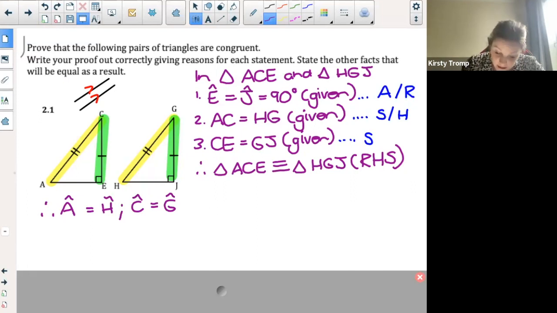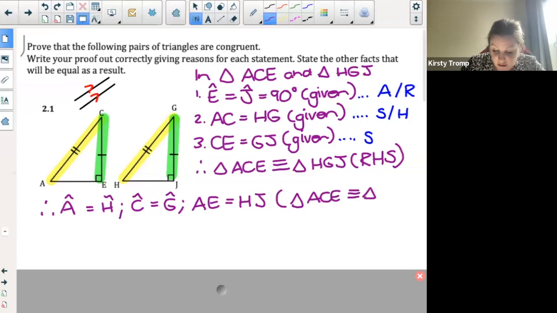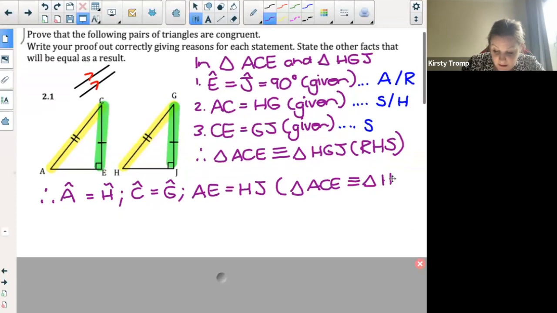And what else is the third thing that we also know? Side AE is going to be equal to side HJ. Why? Because triangle ACE is congruent to triangle HGJ.